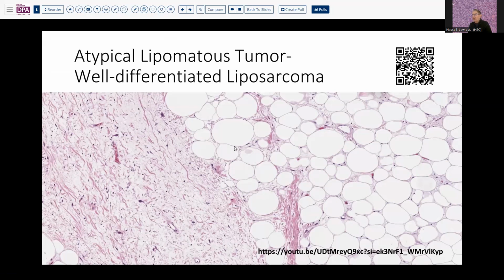This is a tumor that occurs in fat, but is likely a tumor of the intervening stromal tissue that is associated with mature fat. And it's characterized by atypia in these stellate and spindle cells within the fibrous stroma.